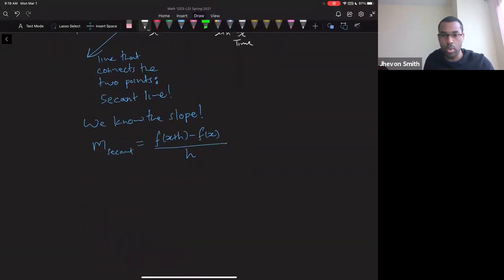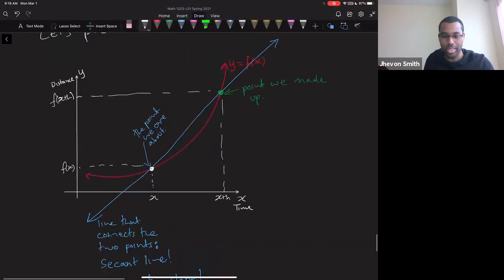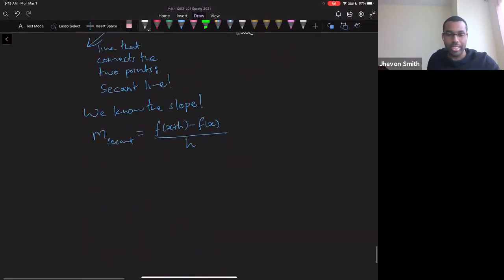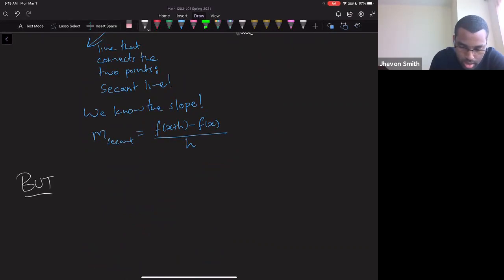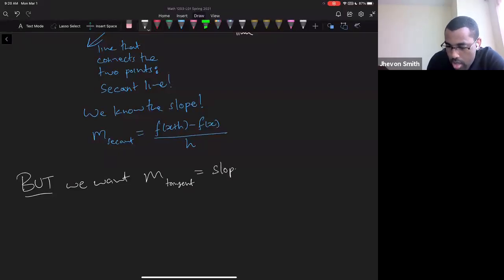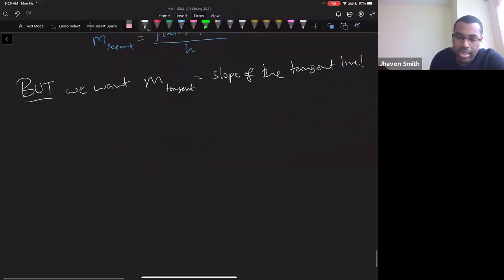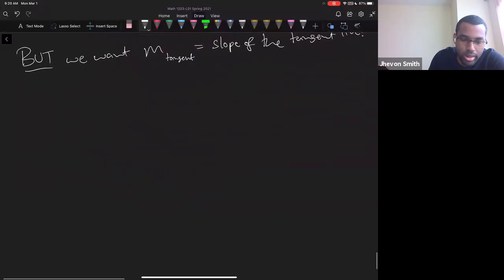Not the slope of the line that we want, though. We want the slope of the tangent line.